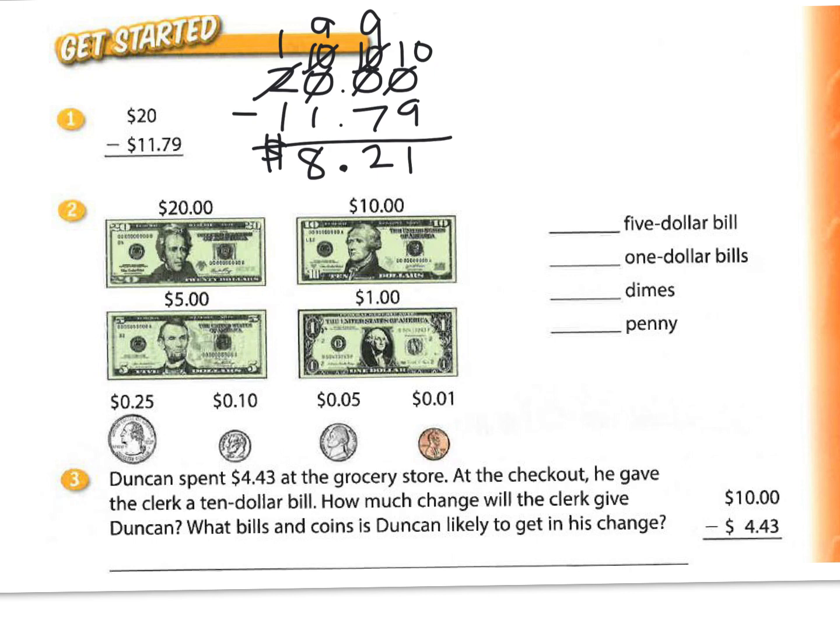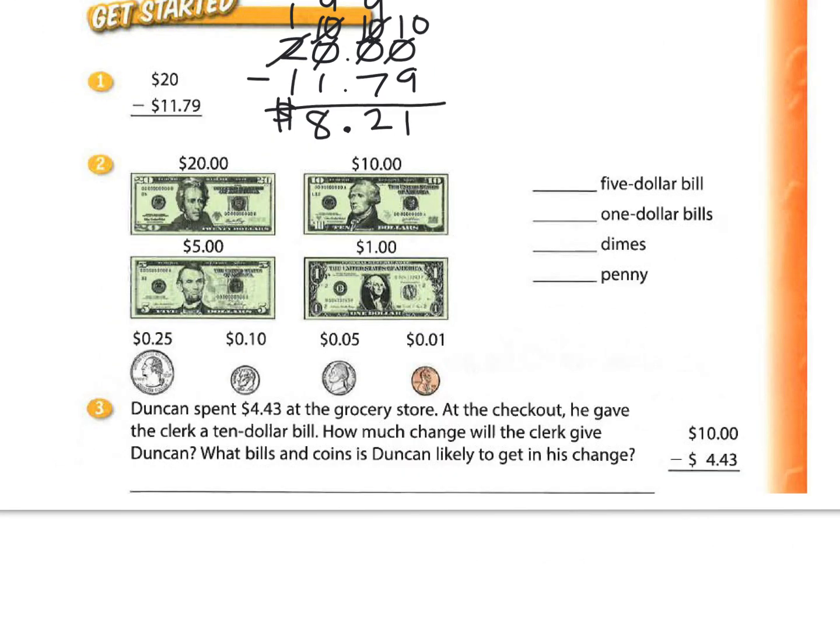Here we have a description or a diagram of what we have left. So to make $8.21, we don't need a $20 bill or a $10 bill, but we do need one $5 bill.